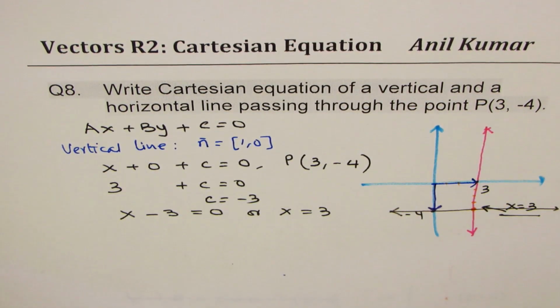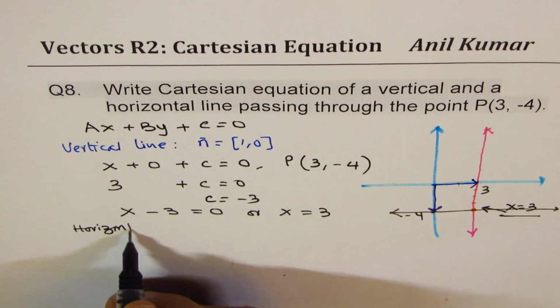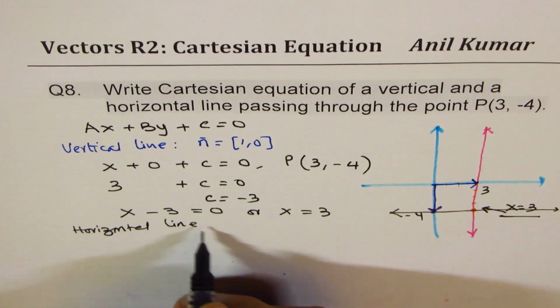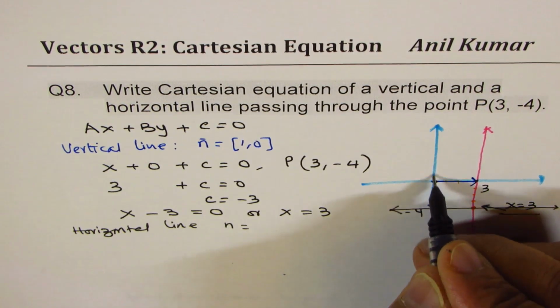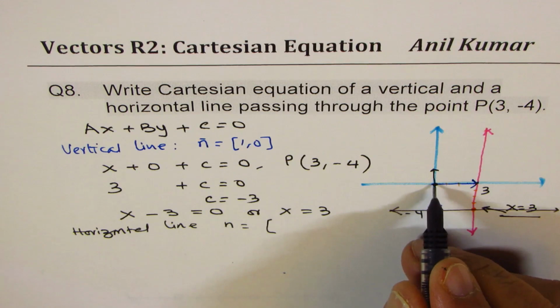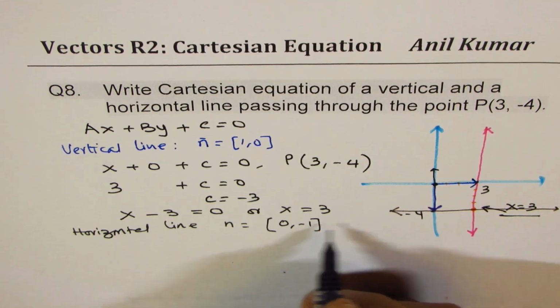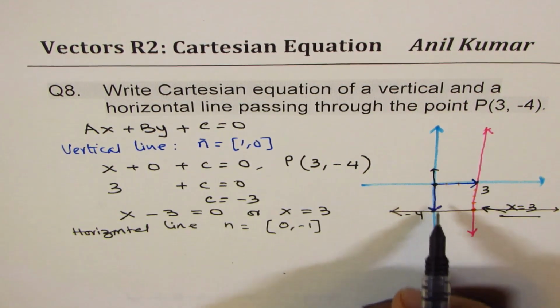So for a horizontal line, the normal you can draw like this or this, one and the same thing. Anyway, we'll write (0, -1) and see what the result could be.